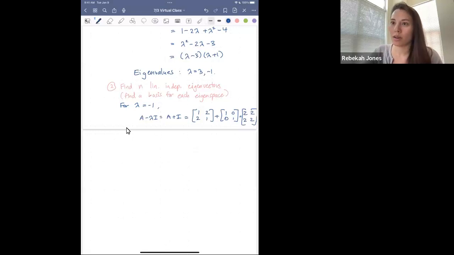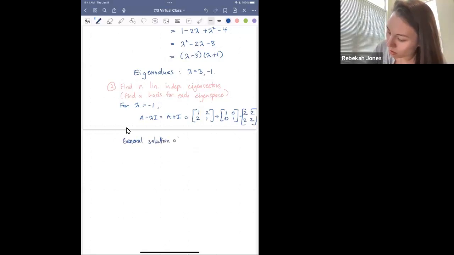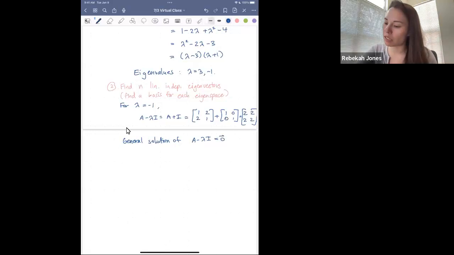So the general solution of A minus lambda I times x equals 0. Oh, sorry, we need an x in here.